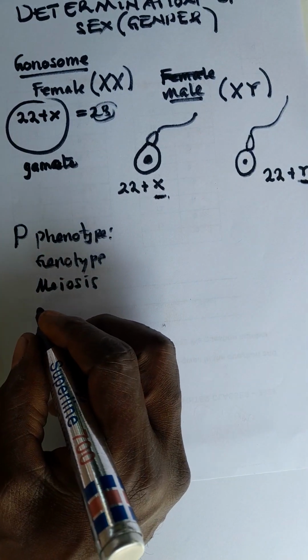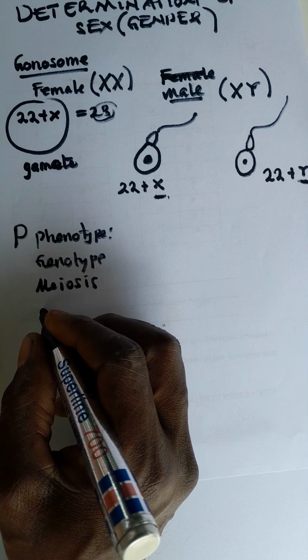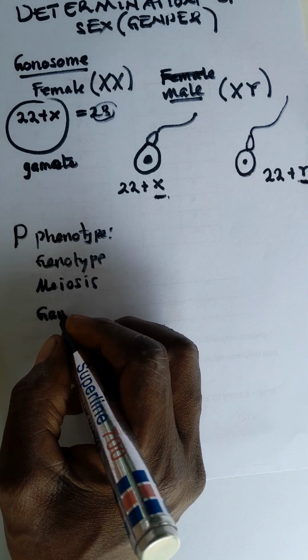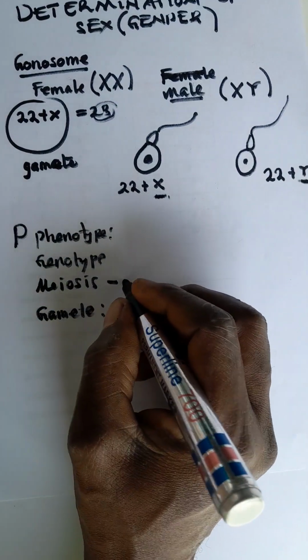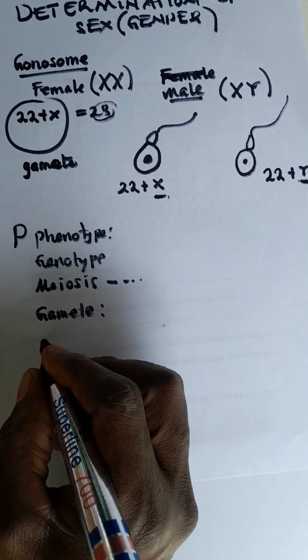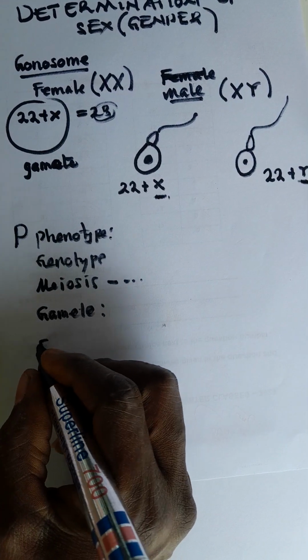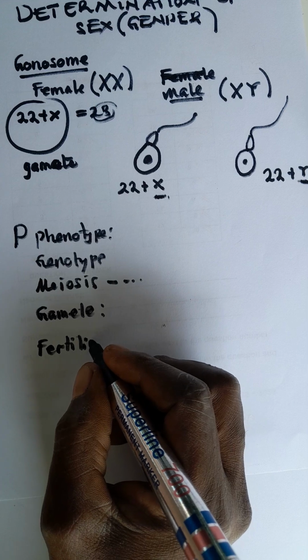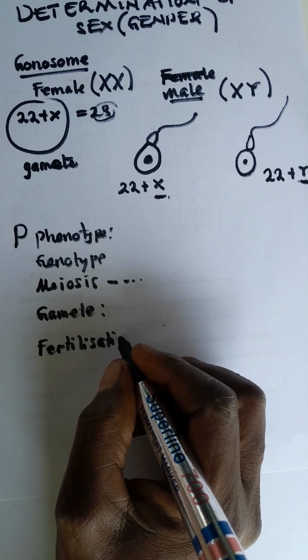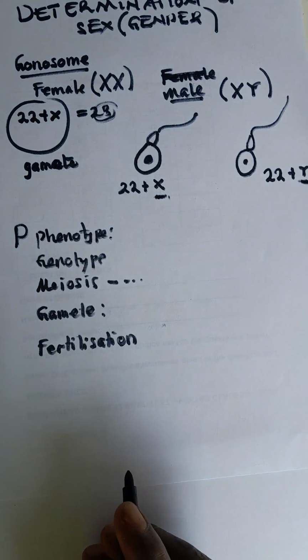Then meiosis gives way for gametes to form. So we're going to have gametes, then we're going to have fertilization following the gametes. Fertilization is another process where the sperm cell fuses with the ovum.